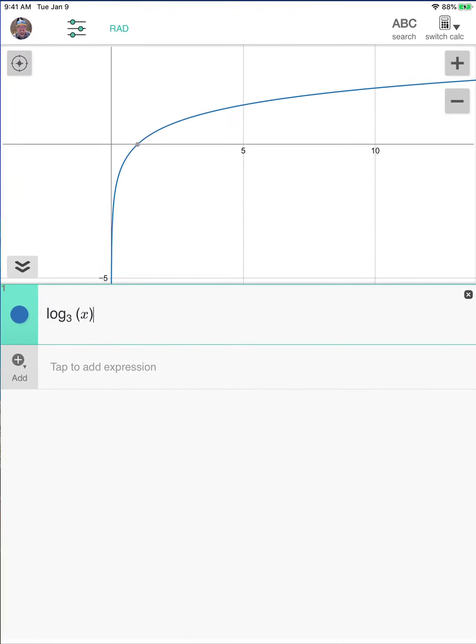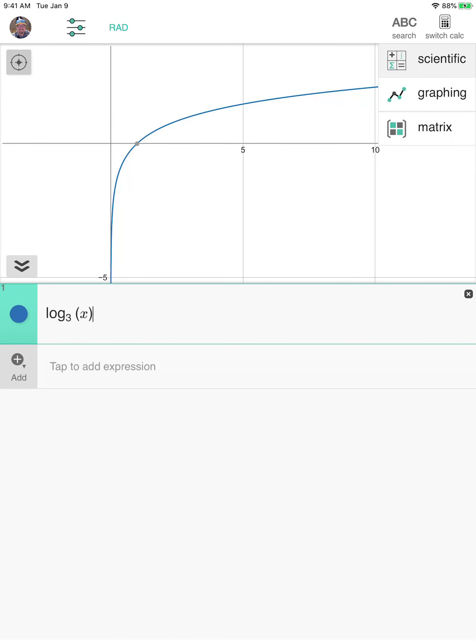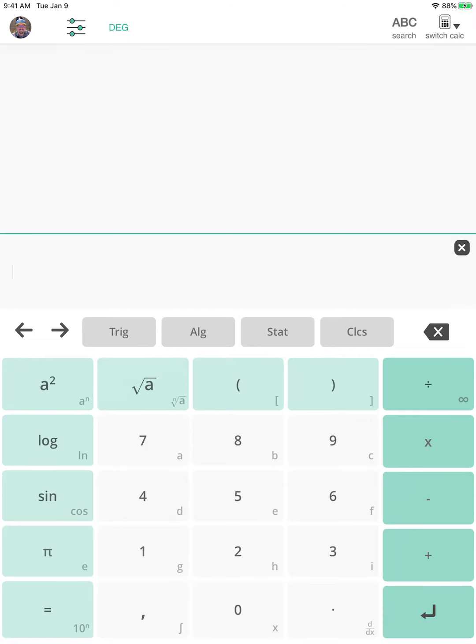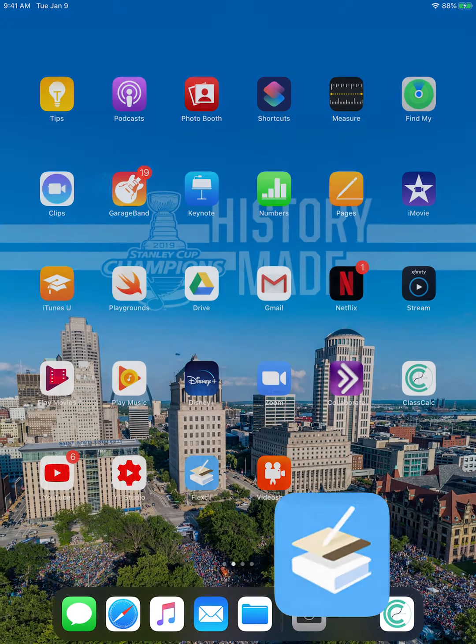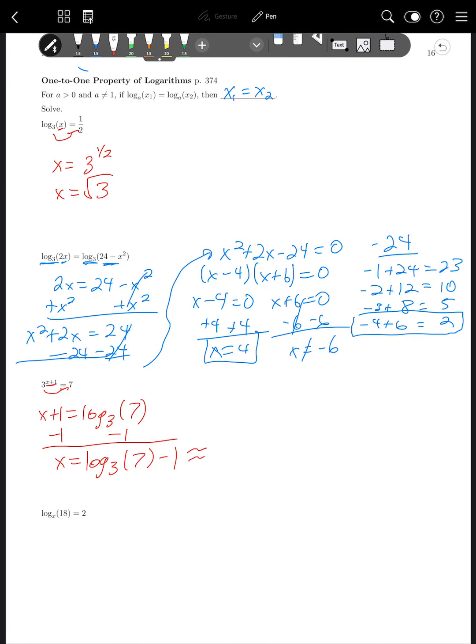I go to the scientific calculator, go to algebra, log base b, and just do log base 3 of 7 minus 1. The answer there is approximately 0.7712.